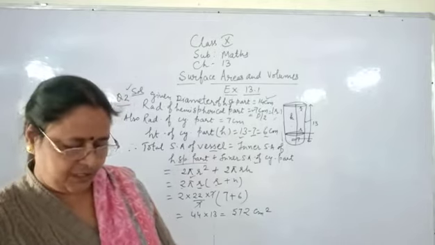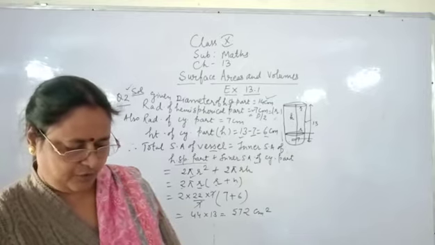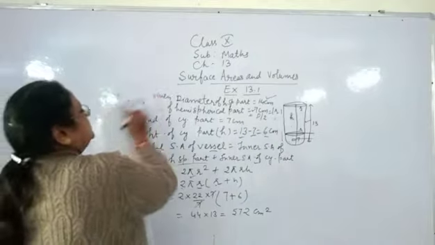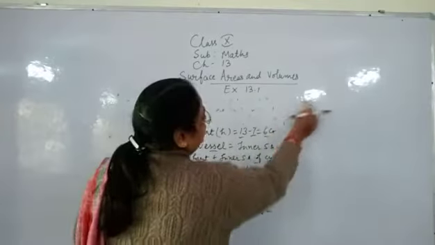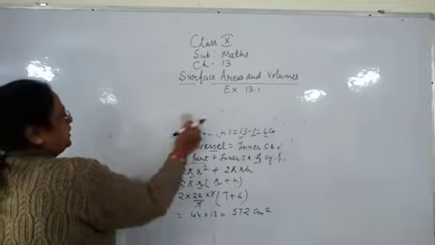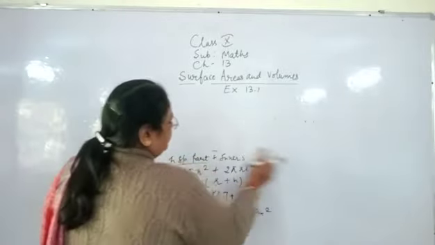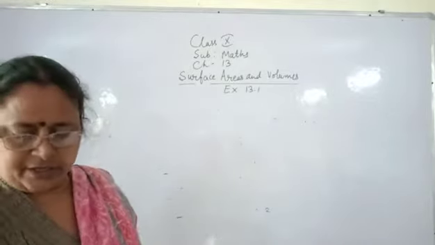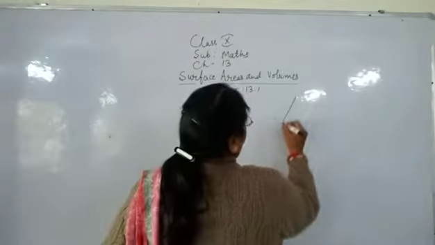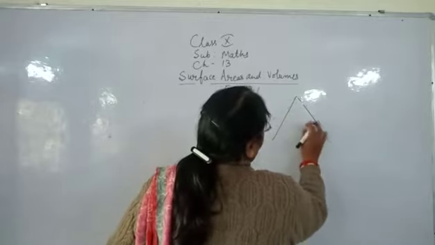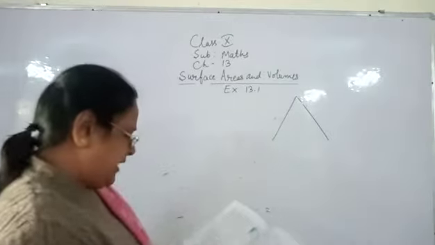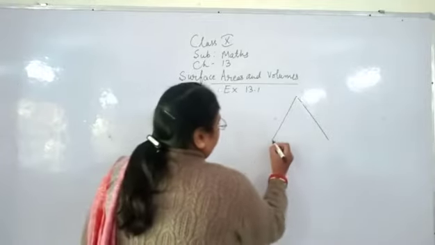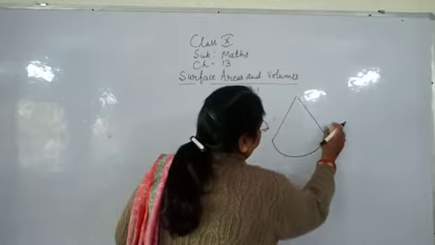Question number 3: a toy is in the form of a cone of radius. Now what is in question number 3? See here, first of all I will draw the figure and then I will explain the question. A toy is in the form of a cone, a cone mounted on a hemispherical part.